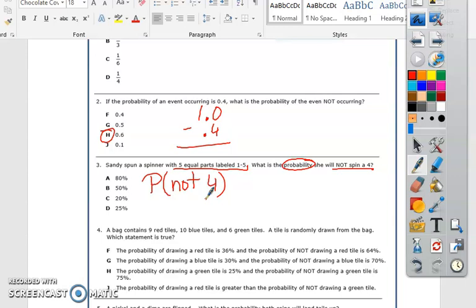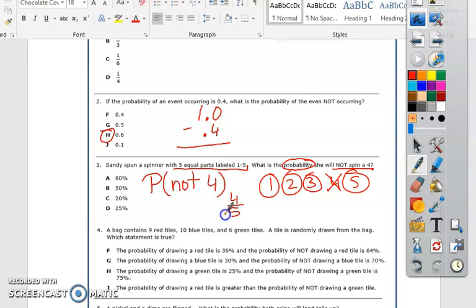It has 5 equal parts. My sample space is 1, 2, 3, 4, 5. I do not want a 4. I want everything else. So how many chances do I have of not getting a 4? Well, I have 4 out of 5.